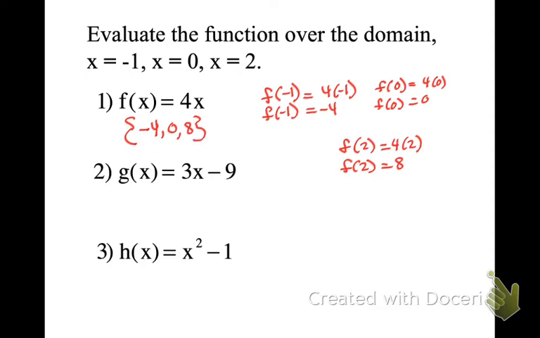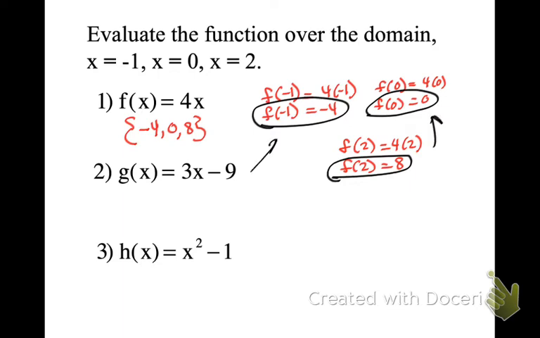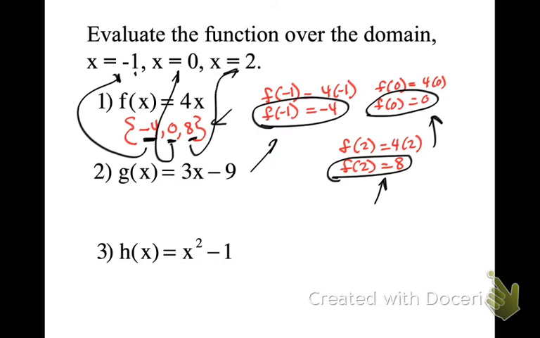But if you put them out of order and then you don't attach them to what they're connected with, you'll get all 3 wrong, and it's a big way to lose points. So I prefer your answers be like that. However, this is acceptable. It just has to be in order. It is assumed that whatever the first answer is, it's with the first input. The second answer is with the second input, and the third answer is for the third input.